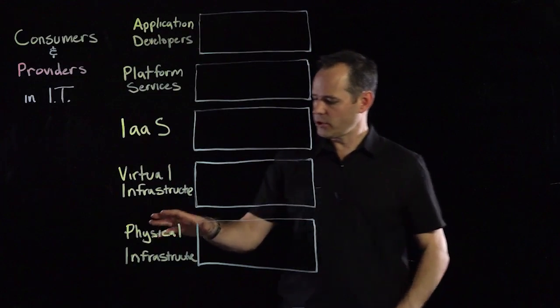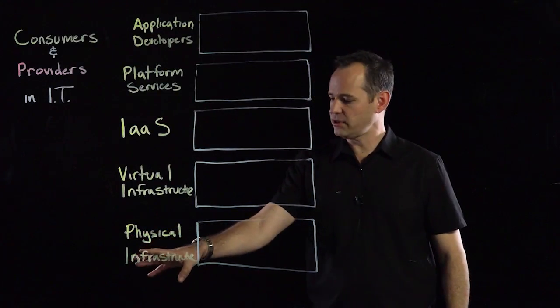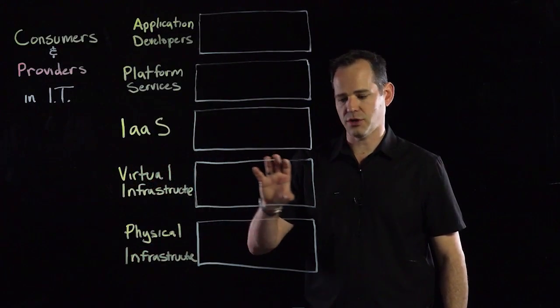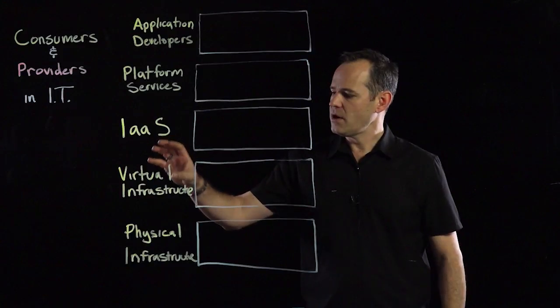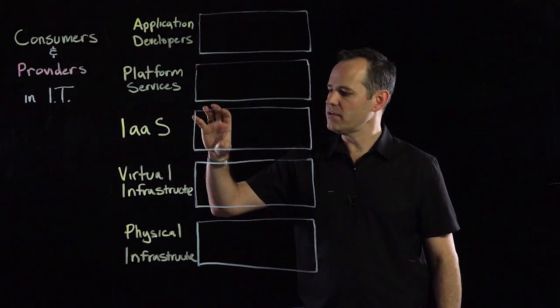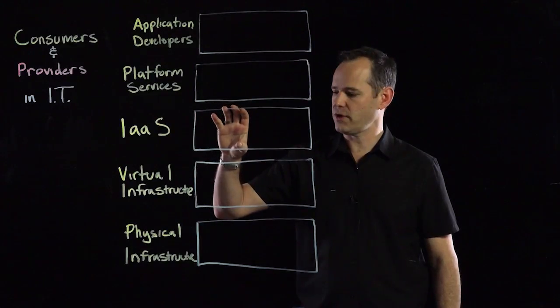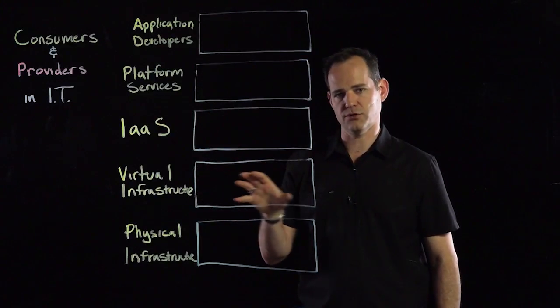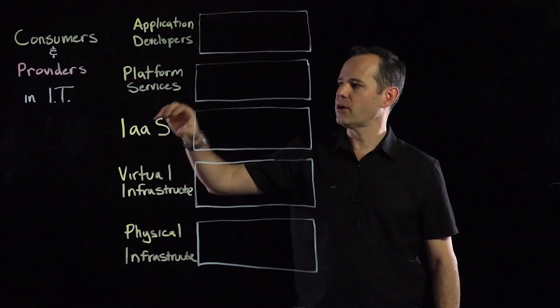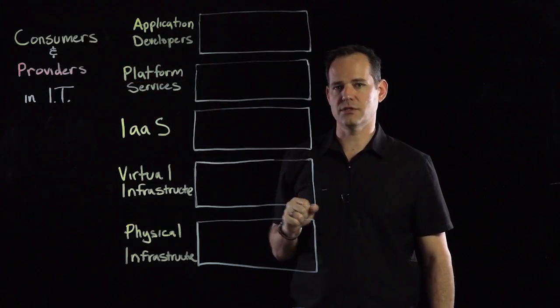You can see I've broken it up into certainly the physical infrastructure that everything runs on. We've got the virtual infrastructure layer here. Then we've got the IaaS component. So you can think of IaaS as really the coordination and orchestration of the specific virtual infrastructure technology. Then, above the IaaS layer, you've got the platform services folks.